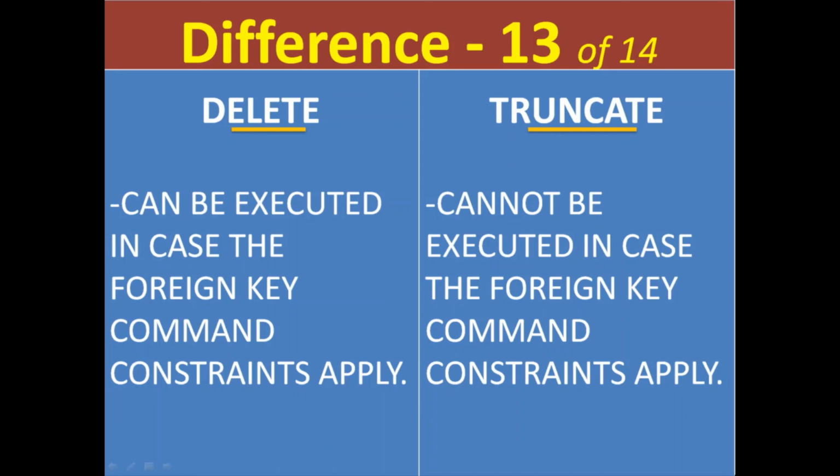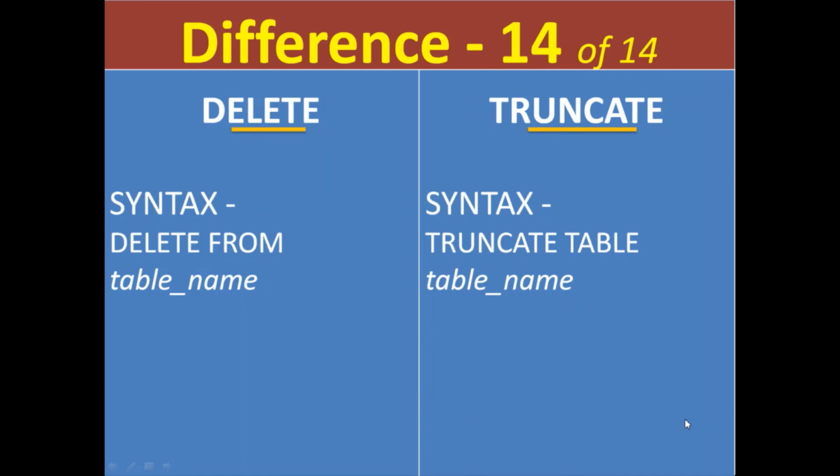Let's see the truncate statement. A truncate command cannot be executed in case the foreign key constraint is applied to the object that has to be truncated. Now let's move to point 14 of 14, which is the syntax.